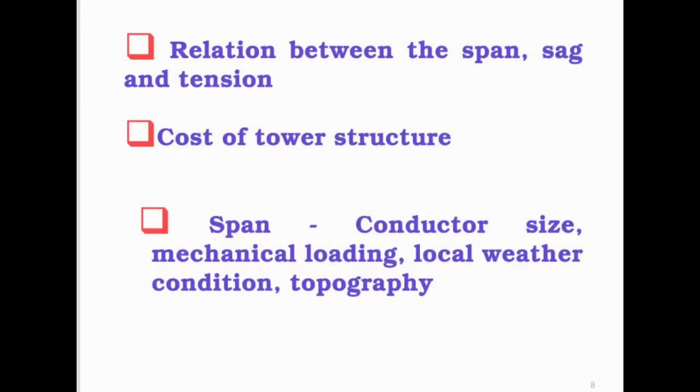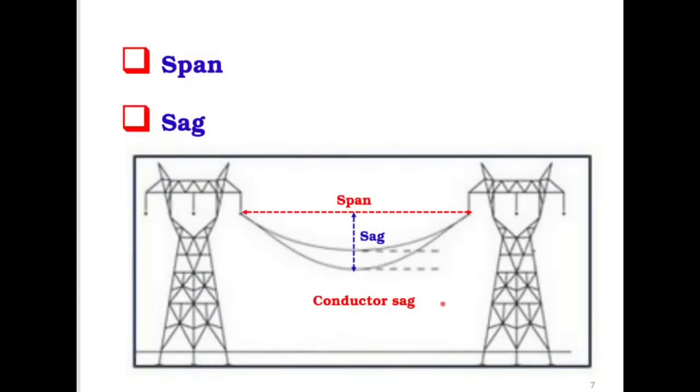So those are the things that are related in this chapter. So what we learn here is that there are relationships between span, sag, and tension, and cost of tower structure. Now, what is going to happen if we choose economy all the time?